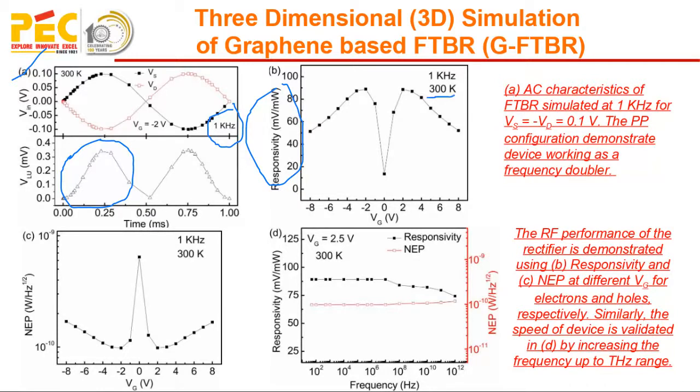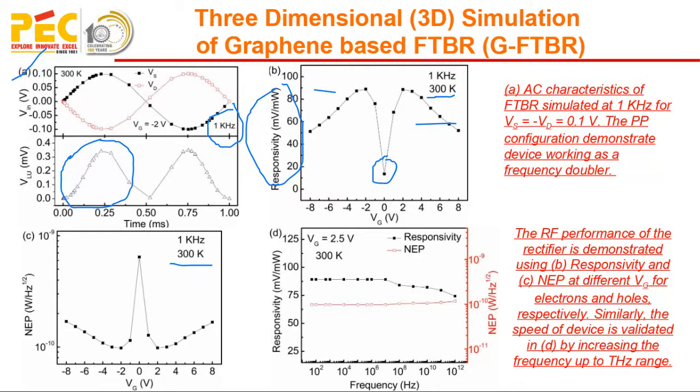Similarly, noise equivalent power has been measured at 300 K or room temperature, both for 1 kilohertz frequency at different values of Vg. At Vg equal to 0, we are getting a value around 10 millivolt per milliwatt, and for the hole and the electron side, we are getting the mirror image.